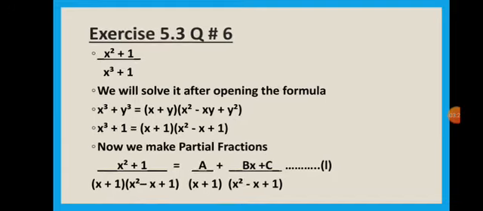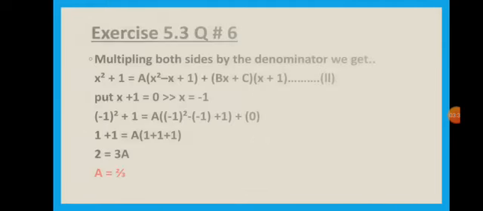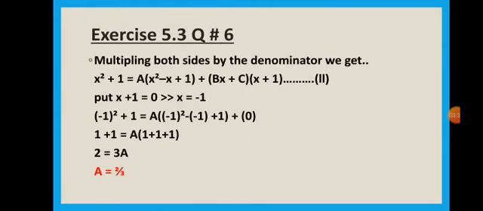So moving on, bacho, we are now solving this rational expression. By multiplying both sides by the denominator we get x square plus 1 is equal to A into x square minus x plus 1. The x plus 1 factor that was in the denominator is cancelled out by x plus 1.